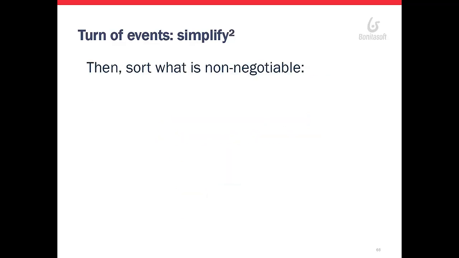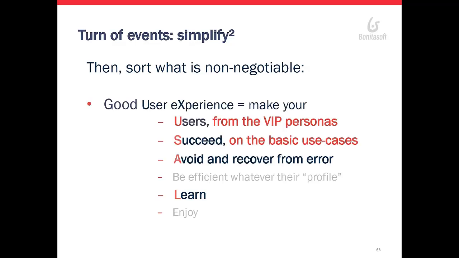So we can even simplify again. From this list, not everything is non-negotiable. But what is really non-negotiable is that you should know the personas. You should really know the users you want to design for. Then maybe some other profiles of users may come to your application and try to do things, but these are not the focus.